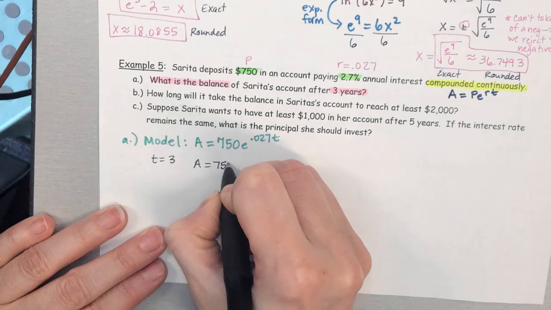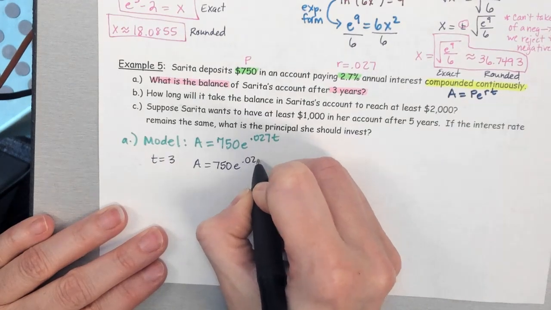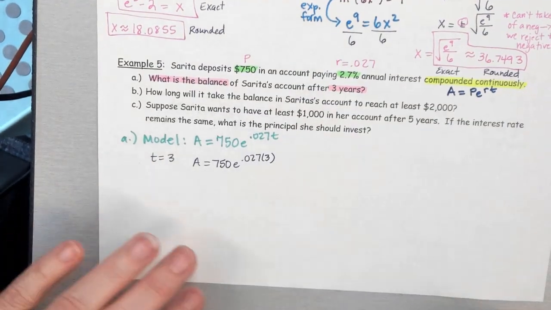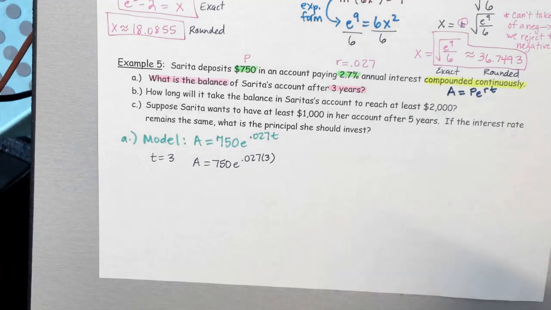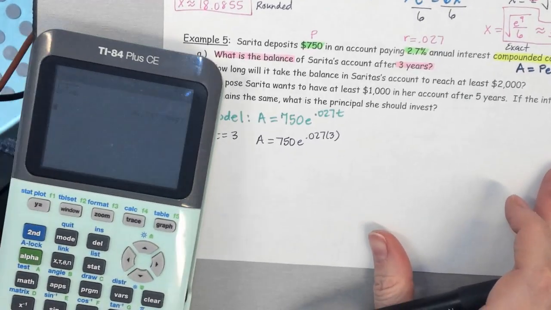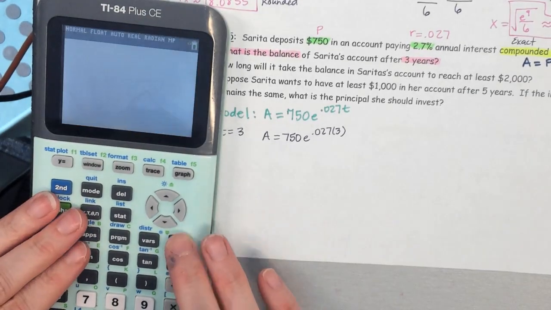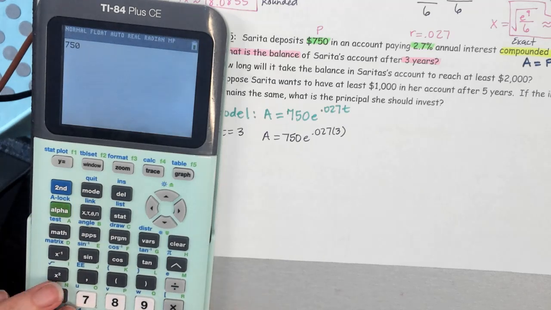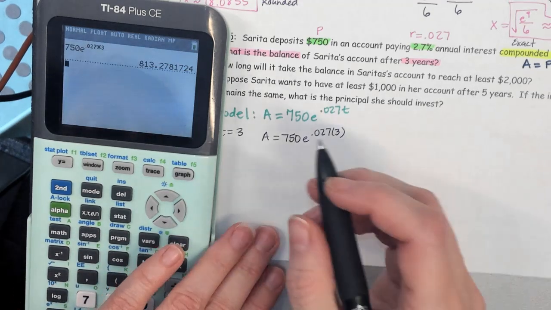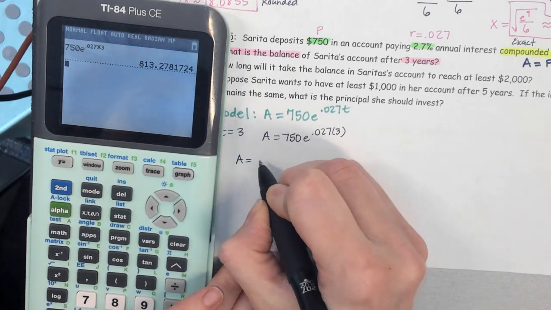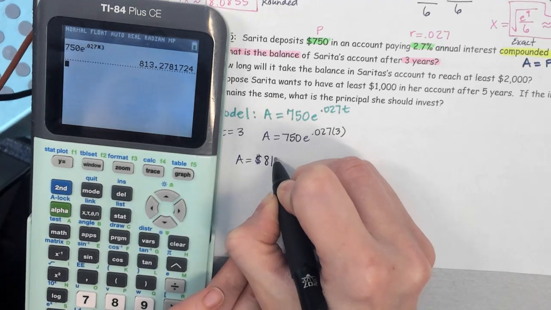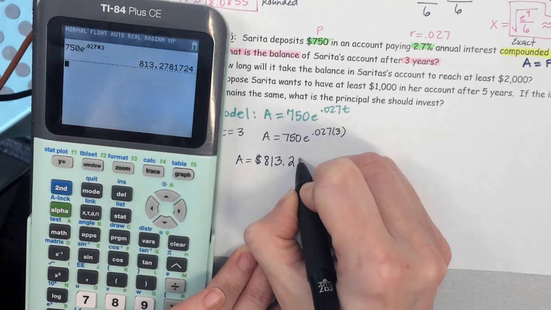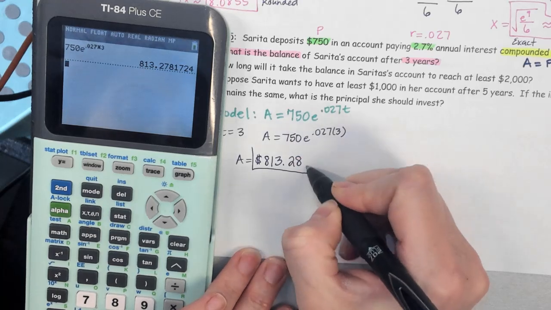So we're going to do 750 e to the 0.027 times 3. And then anytime you're dealing with money, you are rounding to what? Yep, the hundredths place. That's the nearest cent. So this is $813, and this is going to round up to 28 cents.